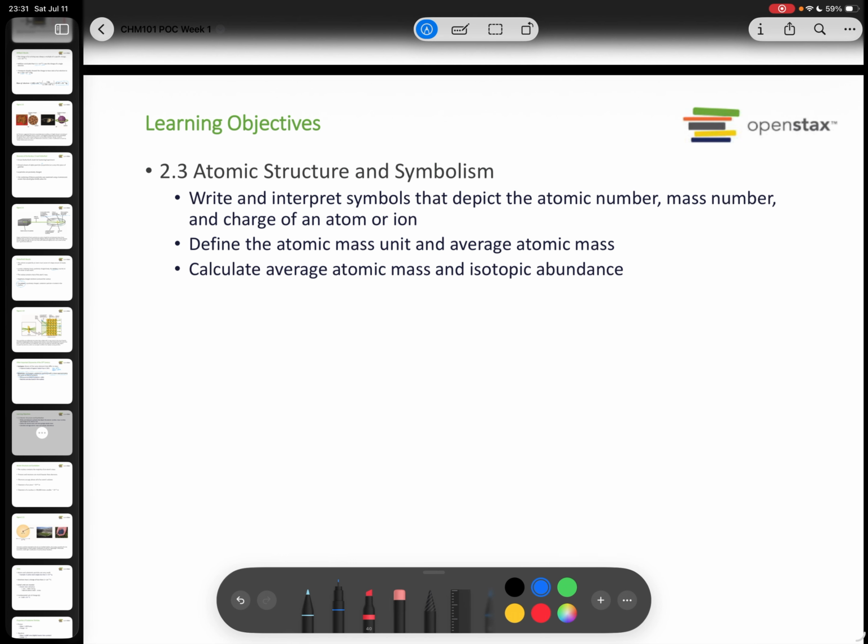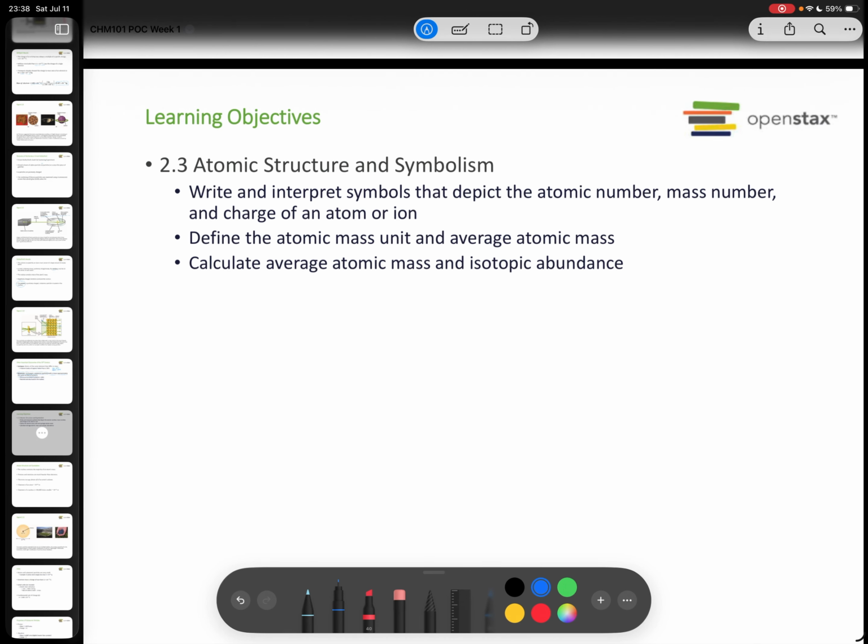So, we move on to 2.3, which is the atomic structure and symbolism. Okay? By the end of this section, we should be able to write and interpret atomic symbols that show yung atomic number, mass number, tsaka charge, no?